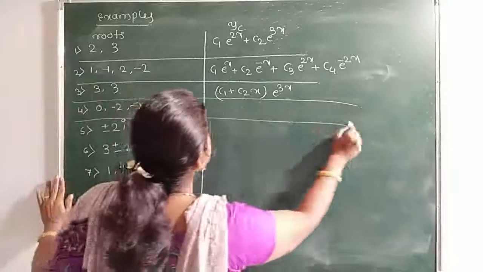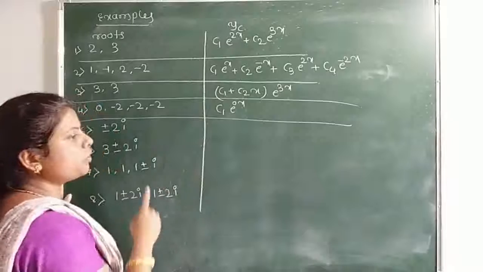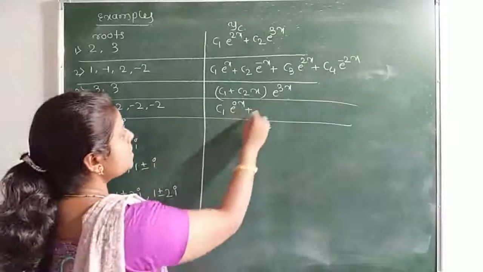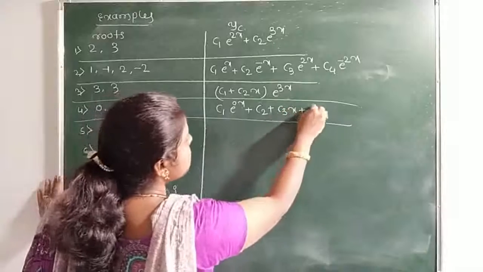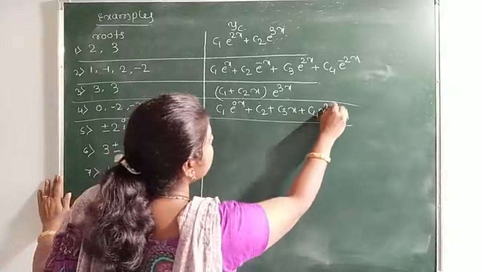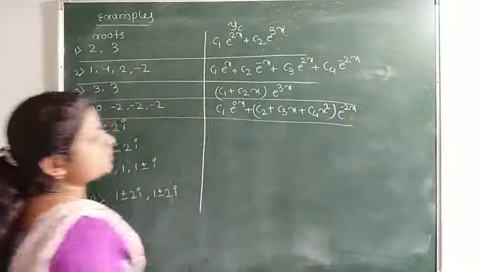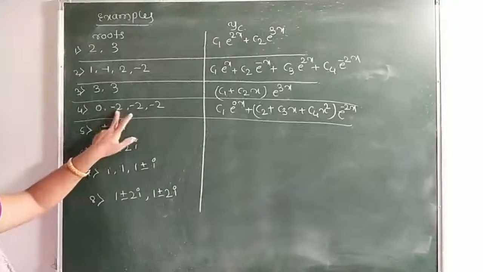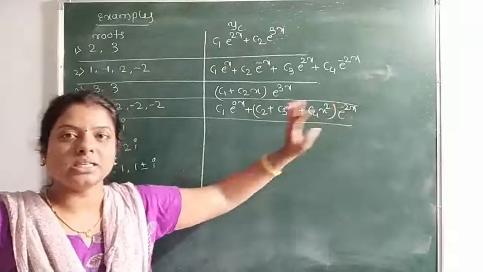At that time you have to write 0 differently, because 0 is different from minus 2: c1, plus c2 plus c3x plus c4x square with e to the power minus 2x. Like this you write, because minus 2, minus 2, minus 2, the 3 roots are the same.